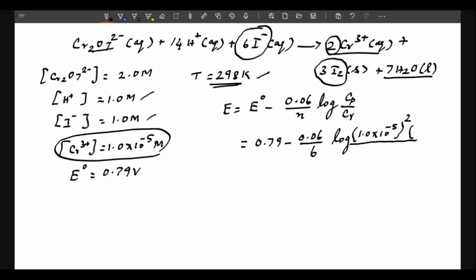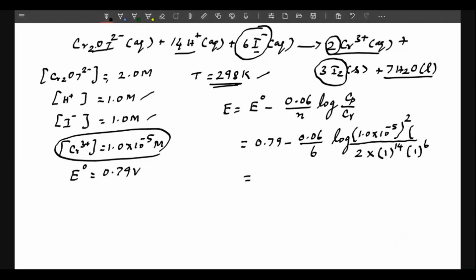Here it is an electrolyte, so you should use the concentrations. What is the concentration given for the dichromate? 2 into... what is the concentration given for the hydrogen? 1 power 40. And what is the concentration of iodine? 1 power 6.